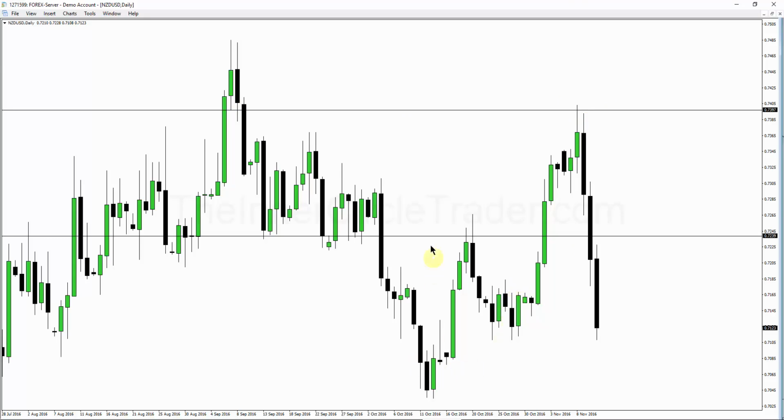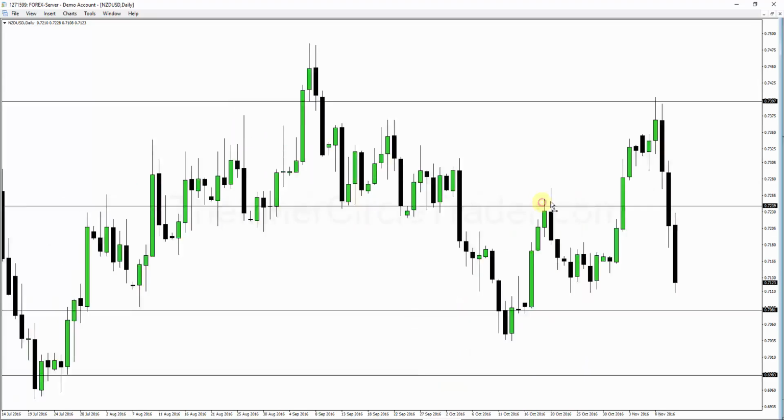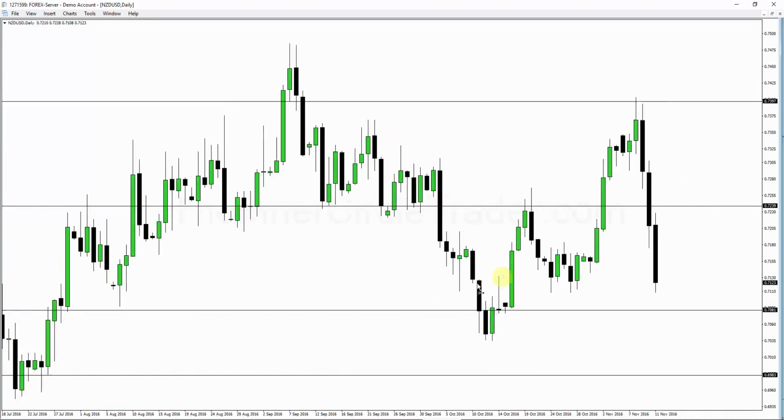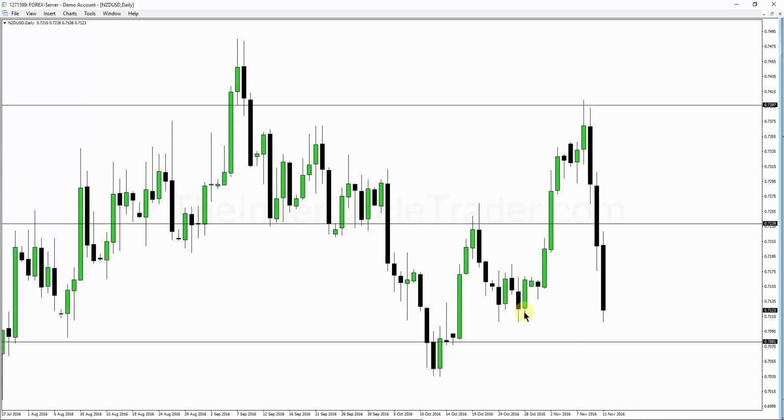The next one would be down here. So you want to reach for that, and then below these lows. So we're using the monthly chart to give us our bullish and bearish order blocks and define our range.